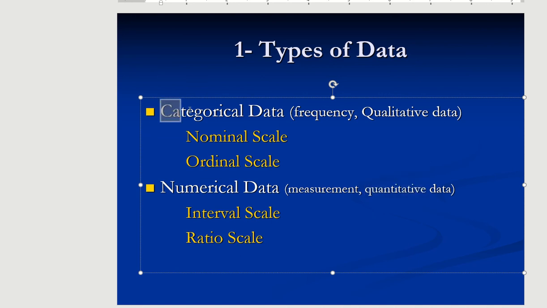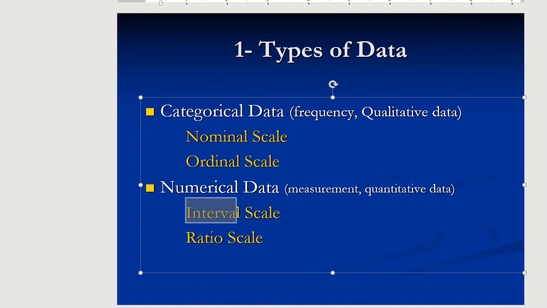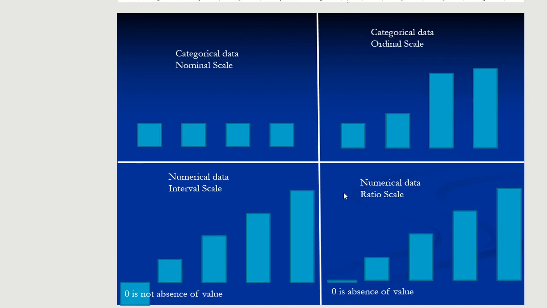We will call it categorical data and numerical data. Under categorical data, we have two scales, the nominal scale and the ordinal scale. And under the numerical data we also have two scales, the interval scale and the ratio scale, which I will explain in the coming slides.